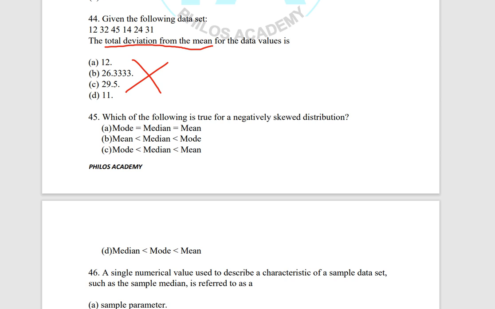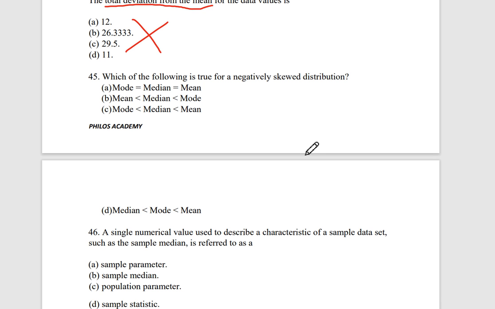Question 45 says, which of the following is true for a negatively skewed distribution? The answer is B. For a negative skew, the mean is less than the median, and the median is less than the mode. When we say skew, someone will ask, what does skewness mean?